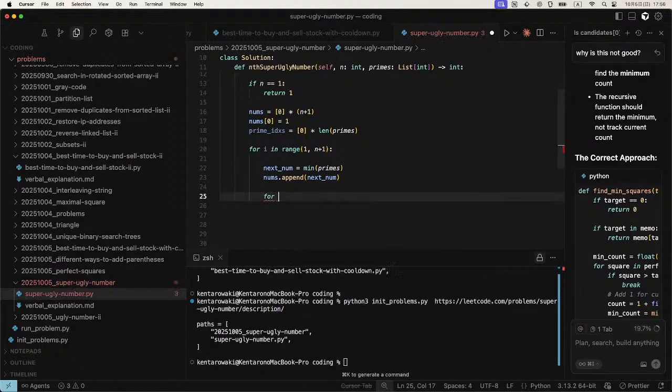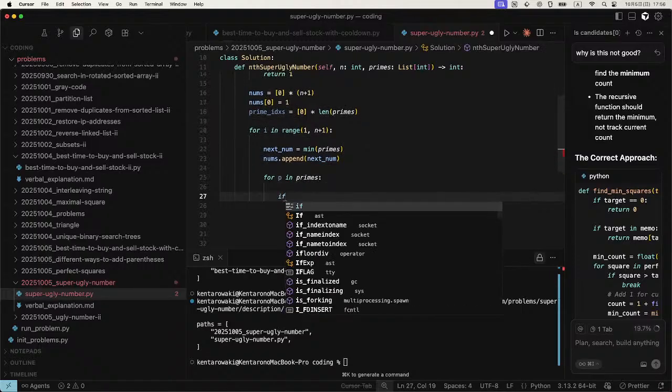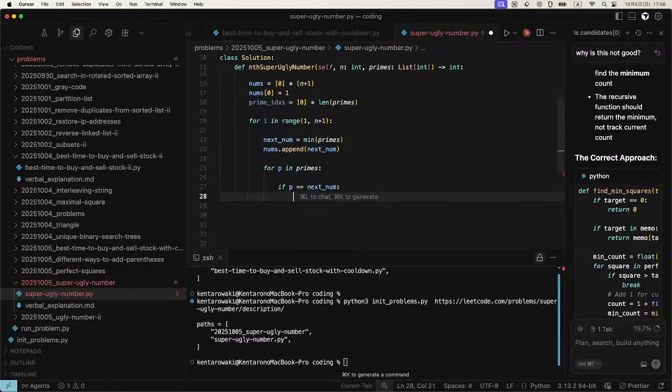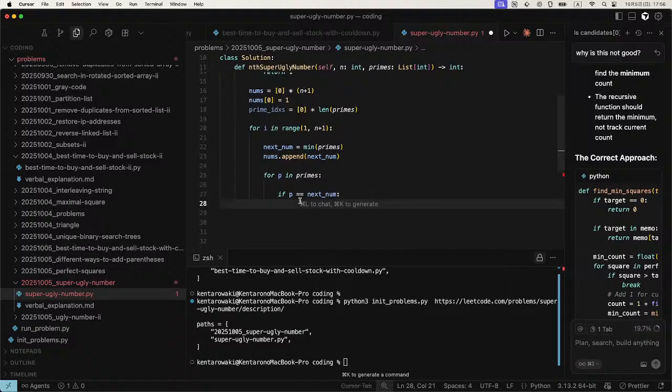After that, we need to loop over primes, because we want to know which number is used. For each prime in primes, if p equals next num, that means p is used here.